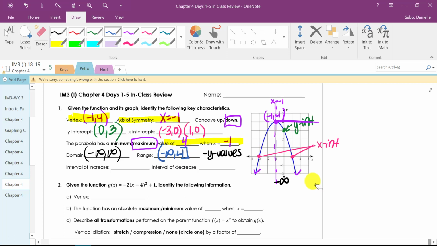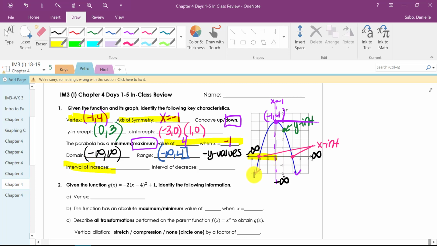Interval of increase and decrease. This is where I saw one of the most common errors on the skills check, so make sure we're following along for this part. I'm going to try something a little different. Instead of highlighting the graph, I'm going to highlight the x-axis. So I always start at -infinity and I go to positive. Now on the left side of the graph, I am increasing.